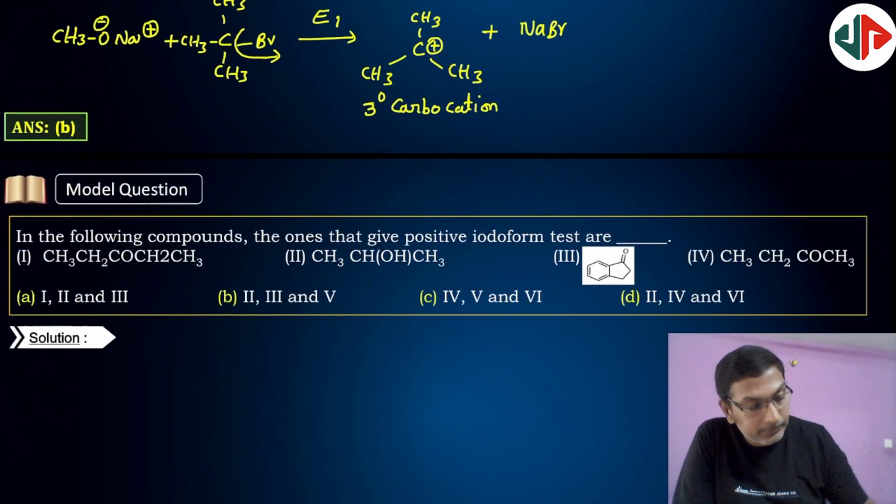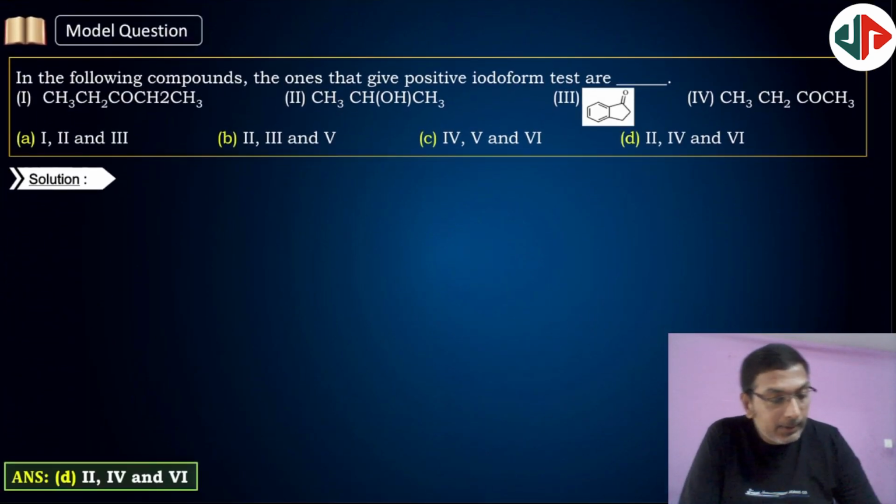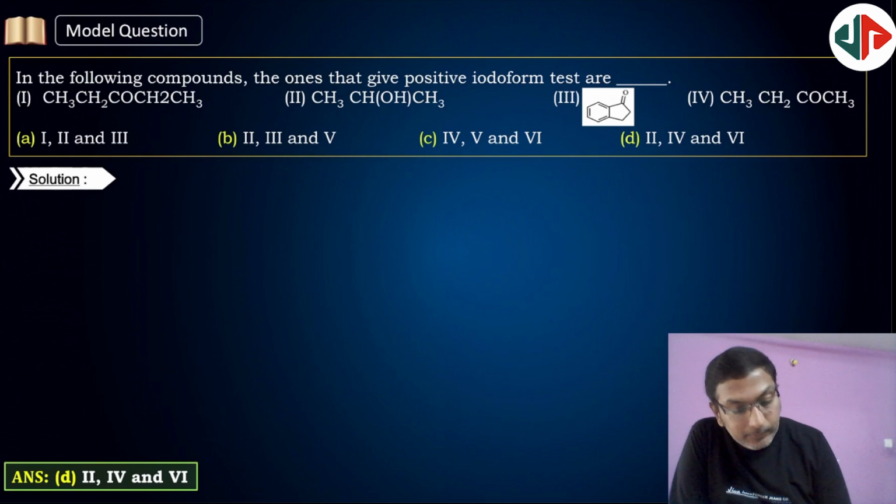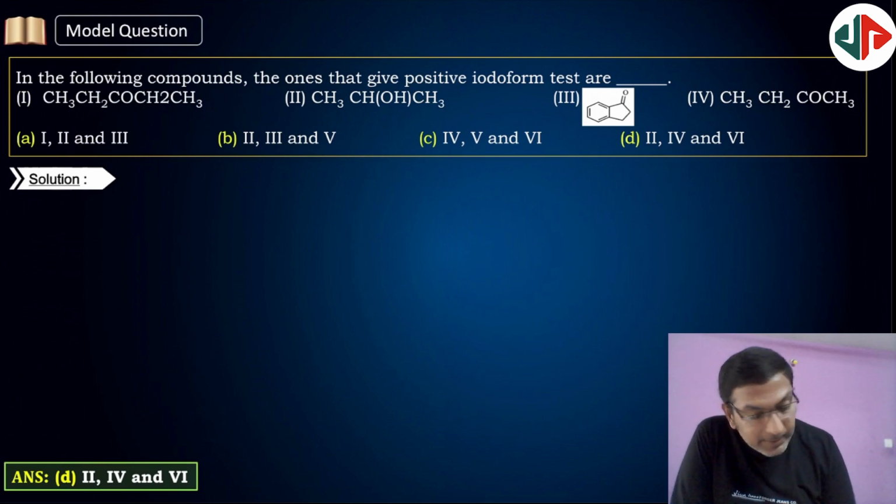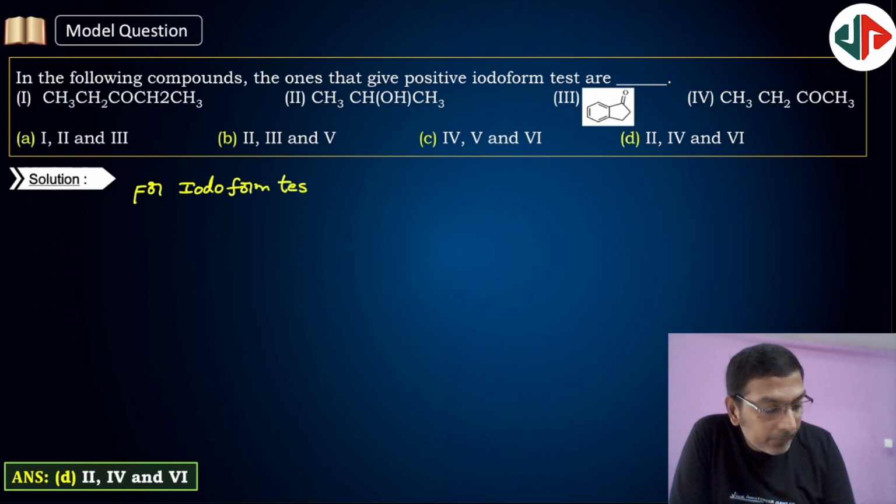Next. In the following compounds, the ones that give a positive iodoform test are. Here options must be, first I will check the answer. So for the iodoform test, the following structures are required.